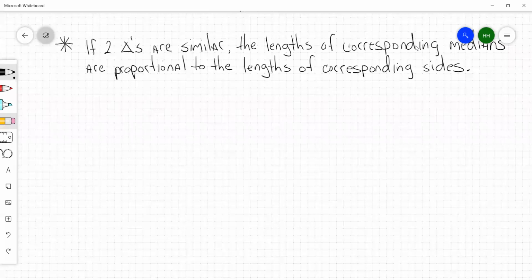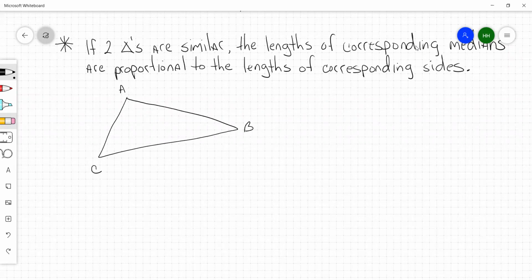All right, and here's what a median does. If we got a triangle on the left, we got another ABC. And a median goes from a vertex to the middle of the opposite side. Vertex to the middle of the opposite side. And you know that it goes to the middle of the opposite side because you'll see a tick mark. So in this case, AD is a median.